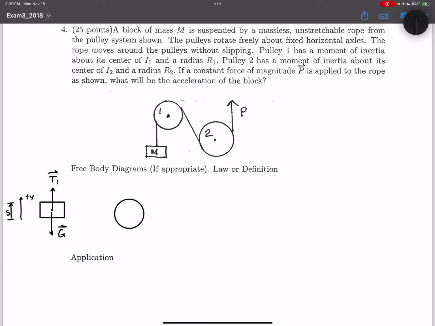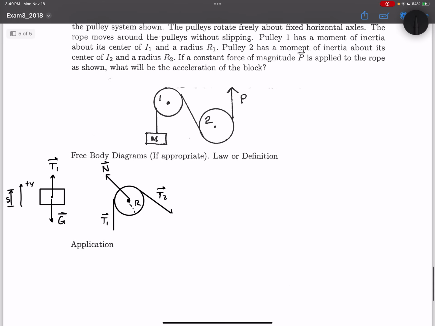Then our first pulley has radius R. It has tension 2 acting on it there, and then it has tension 1 pulling on it in this direction. And then it has a normal force, kind of diagonal out there, to balance off these two forces.